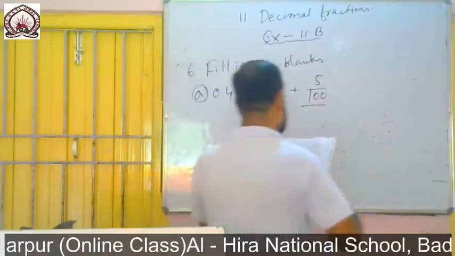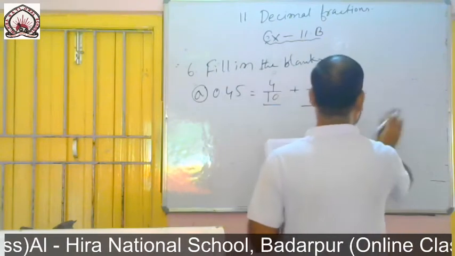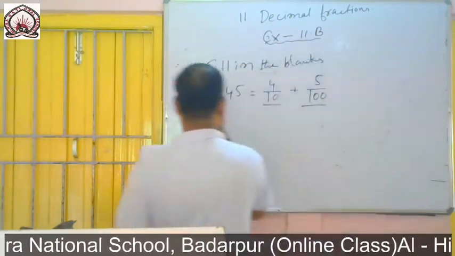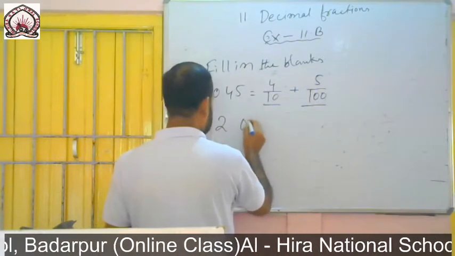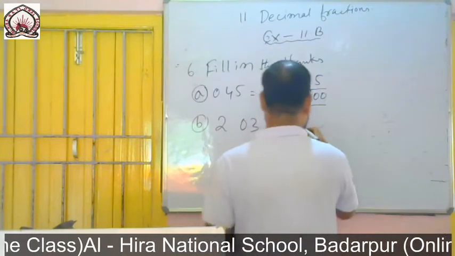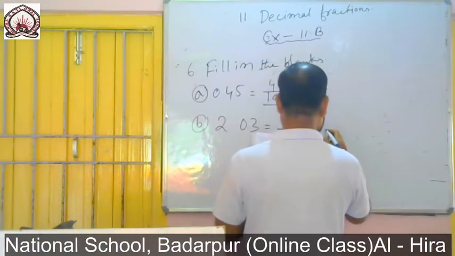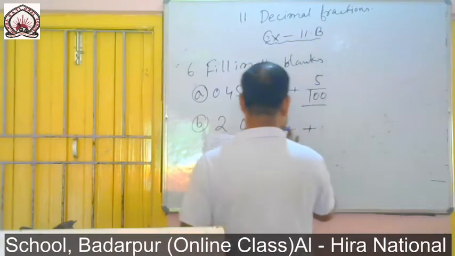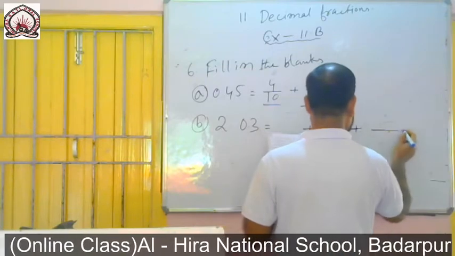Next question number B. 2.03 equal to dash plus dash plus dash plus dash.